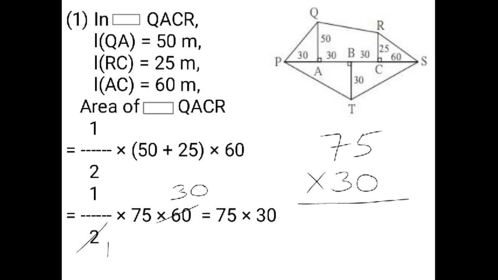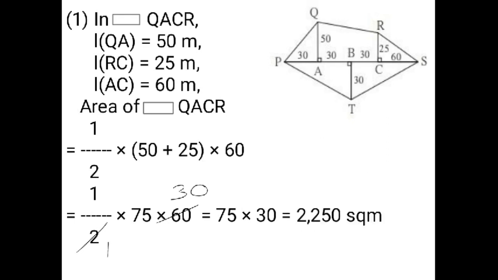Any number multiplying by 0 is 0. Now you have to multiply 75 into 3. 3 5s are 15. 3 7s are 21 plus 1, 22. After multiplying 75 into 30, the answer is 2250. That is equal to 2250 square meter.